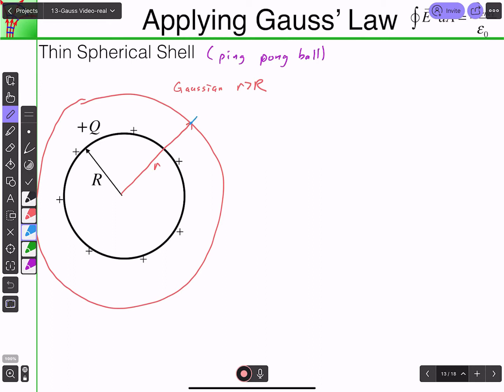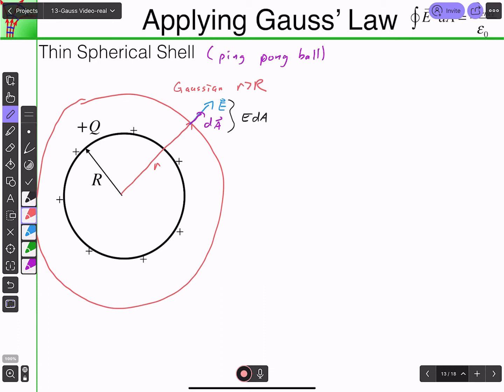So I'm assuming that at this point the electric field is pointing that way, and that the area vector is also pointing that way. So when you go to do the E dot dA, that just becomes E times dA, just like before, because they're parallel and the angle between them is 0.